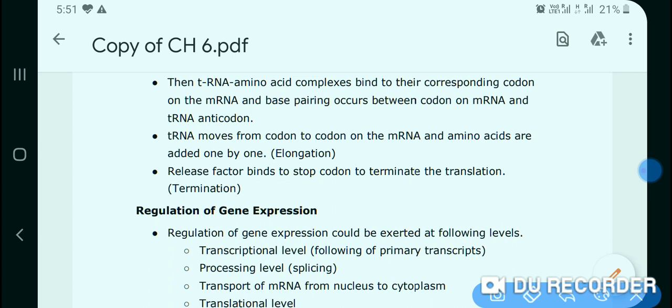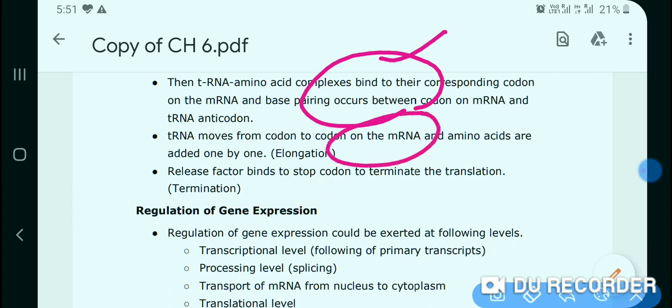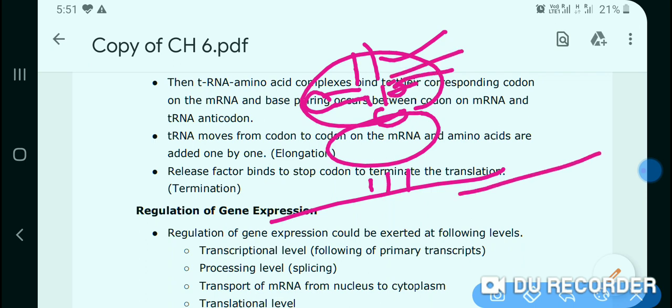Students, in the ribosome, this is the larger subunit and this is the smaller subunit, and this is messenger RNA. Here the transfer RNA is attached in the larger subunit like this, and this transfer RNA moves along the codon and the chain is formed.